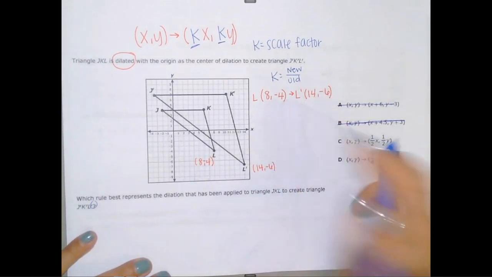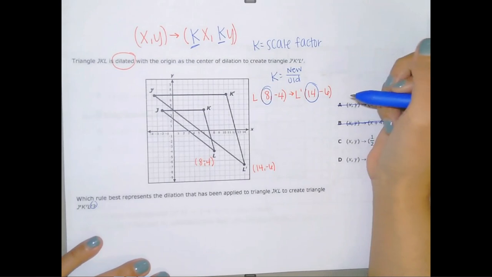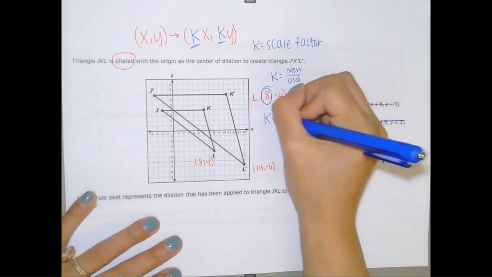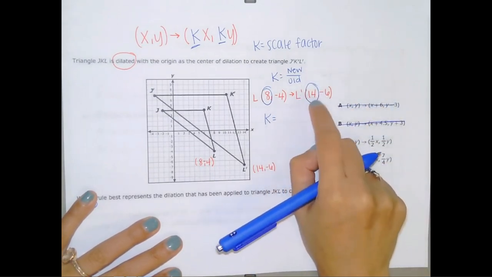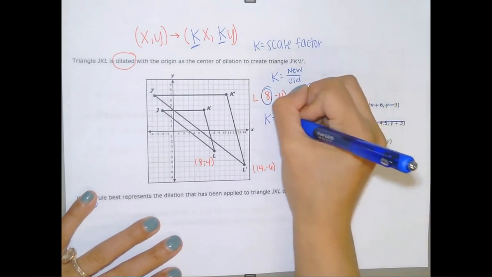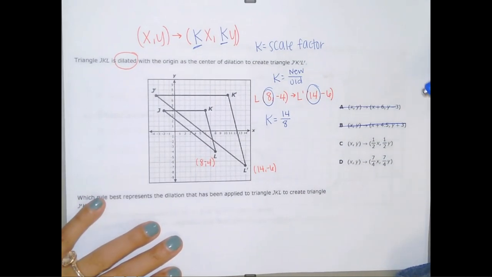And when I look at these coordinates, the X's are positive, so I'm going to go ahead and use those because I like working with positive numbers. So K equals new over old. Here's my prime, so 14 is my new, over 8, which is my old, okay?